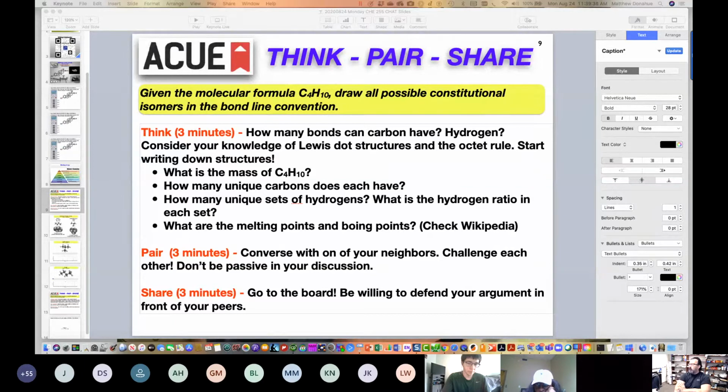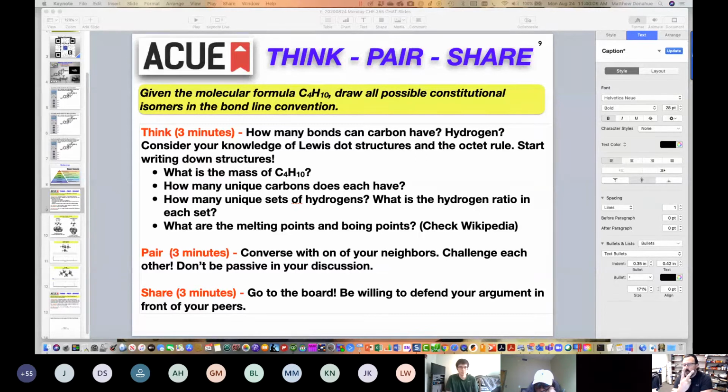So butane has two. Now what I want you to do is, of those two types, what is the ratio of those types of hydrogens to one another? So 6 to 4, or if we reduce it, 3 to 2, that is correct.